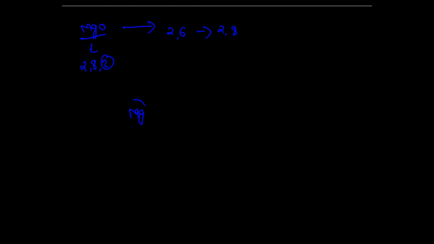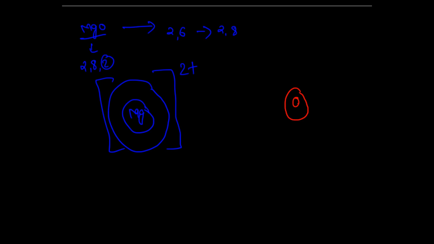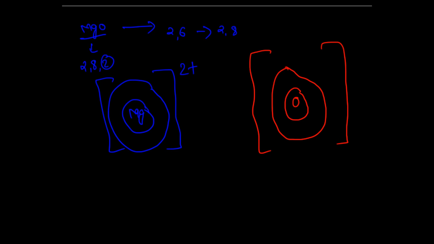That is magnesium, and the outermost orbit is empty with 2+ charge, and for oxygen, its nucleus is in the center. The inner O represents the symbol of oxygen, and the outermost orbit has 6 of its original electrons. 1, 2, 3, 4, 5, 6.